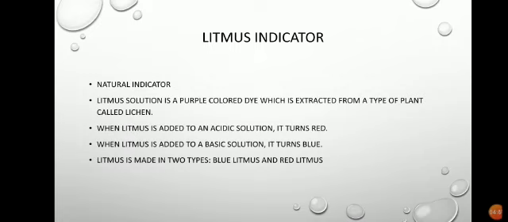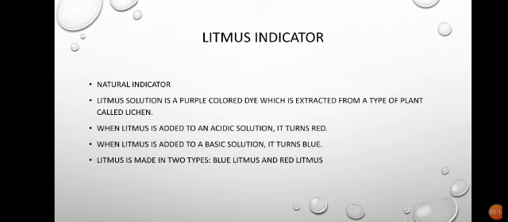So when the litmus solution is neither acidic nor basic, that means it is neutral, the color is purple. Now when litmus is added to an acidic solution, it turns red. That means when the solution becomes acidic, below 7 pH, it turns red.